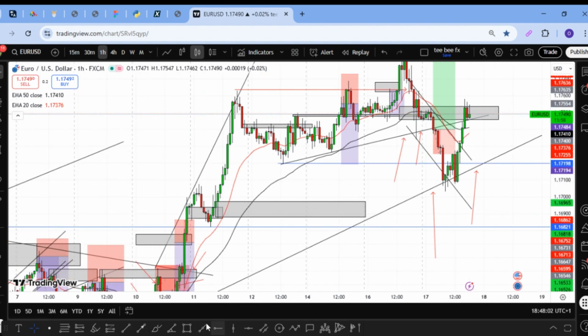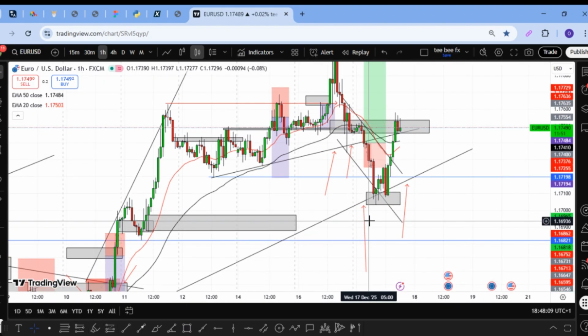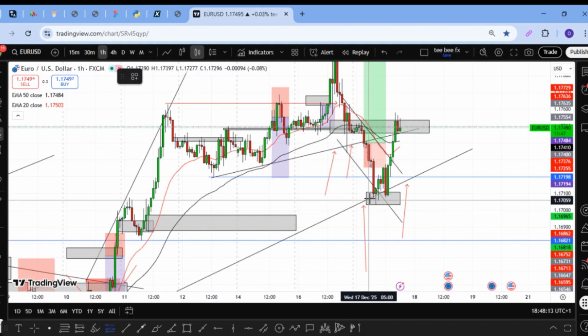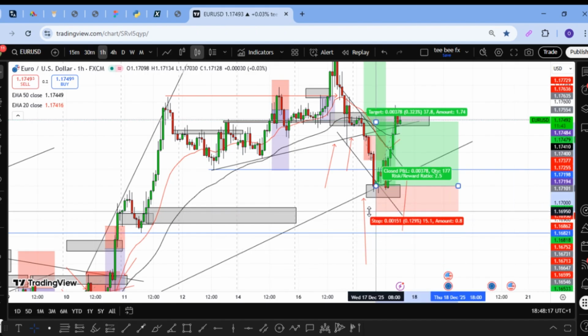So I took a buy again from this trend line after I hit stop loss on my first entry.